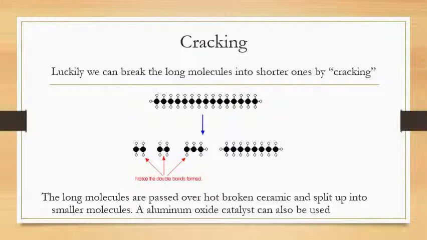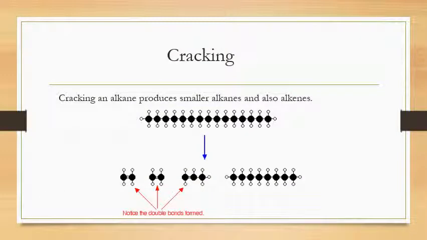The long molecules are passed over hot broken ceramics and split up into smaller molecules, and you use a catalyst called aluminium oxide. You'll notice that the double bonds have formed, so you've actually gone from an alkane to an alkene. Smaller alkenes, but still more useful. So cracking an alkane produces a range of smaller alkanes and smaller alkenes.